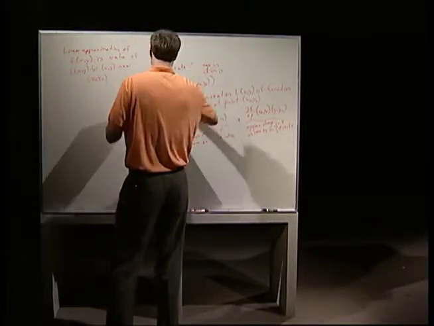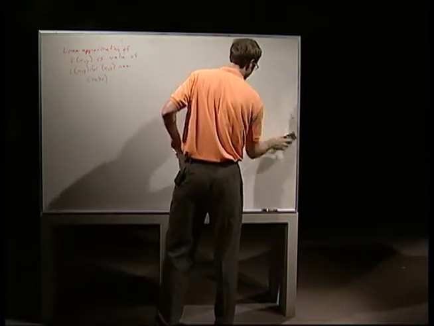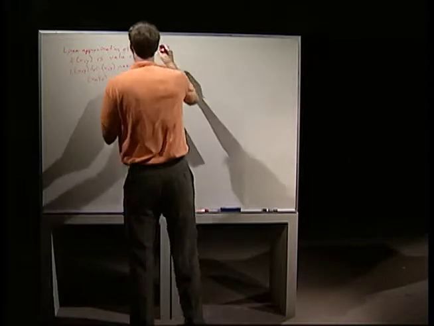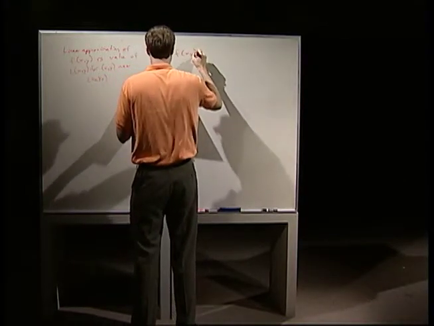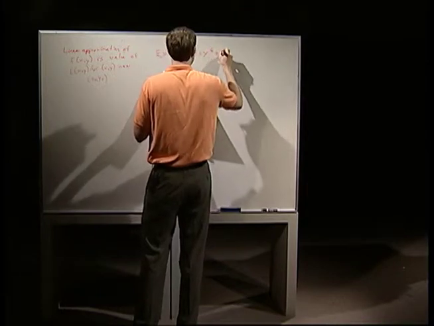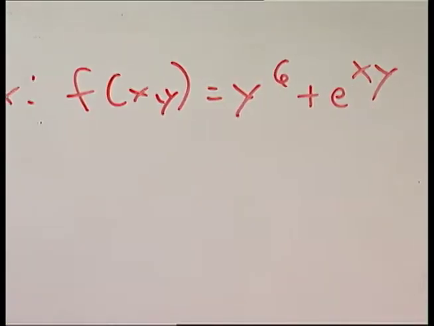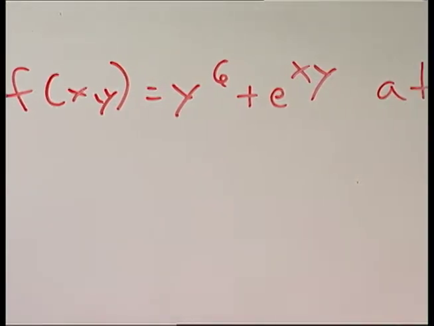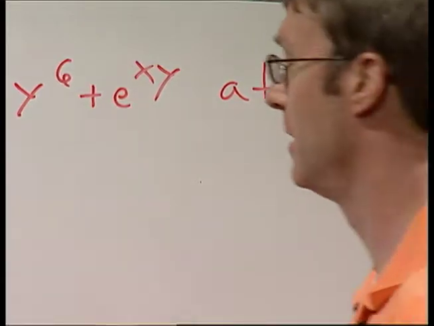All right, an example. Here is a function of two variables, y to the sixth plus e to the xy. Let's pick the point 1, 0. I'd like to find the linearization of this and use it to make some approximations.